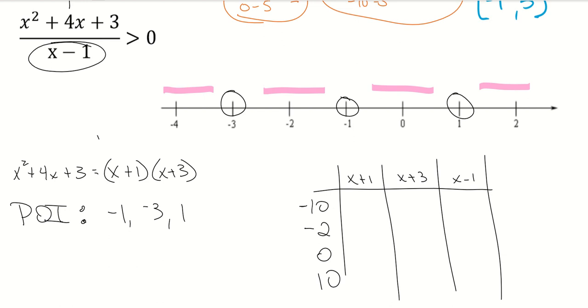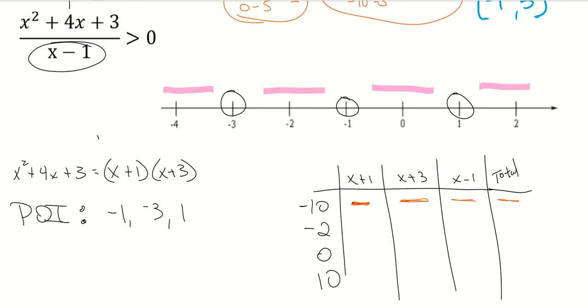So negative 10 in here is going to make this negative. Negative 10 in here will make this negative. Negative 10 in here makes this negative. 3 negatives makes a negative.